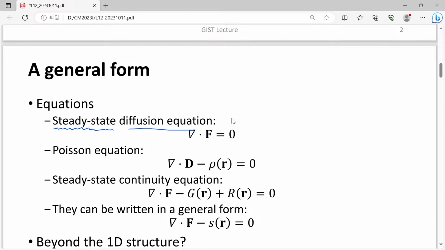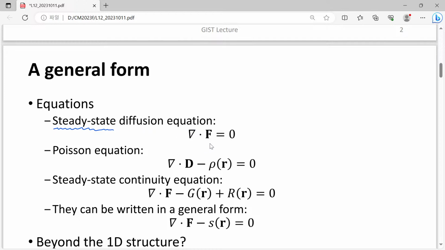Although we also have to consider the time derivative of our dopant concentration, when this becomes zero under the steady state approximation, it simply means that at steady state the flux vector F is divergenceless.